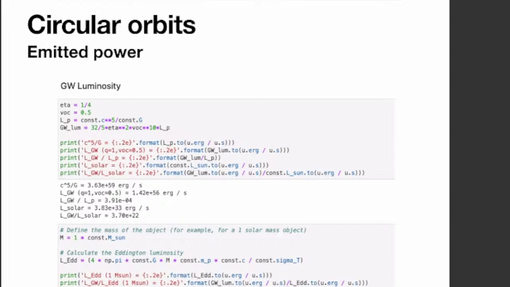But even if you compare with other extreme astrophysical processes, like, for example, the accretion of mass into black holes that powers quasars and so on, the typical luminosity of those things is something called the Eddington luminosity. I give you some formula here that you can put the numbers in, but again, it's much, much smaller.